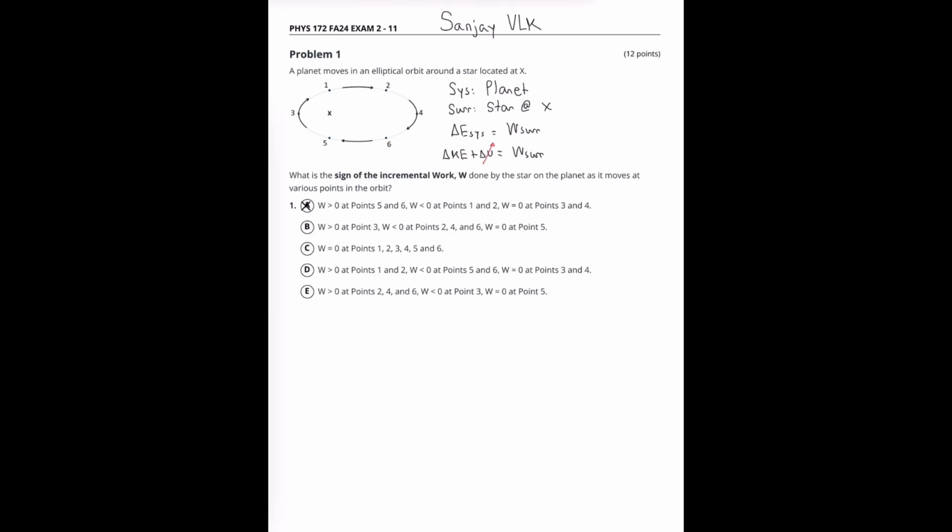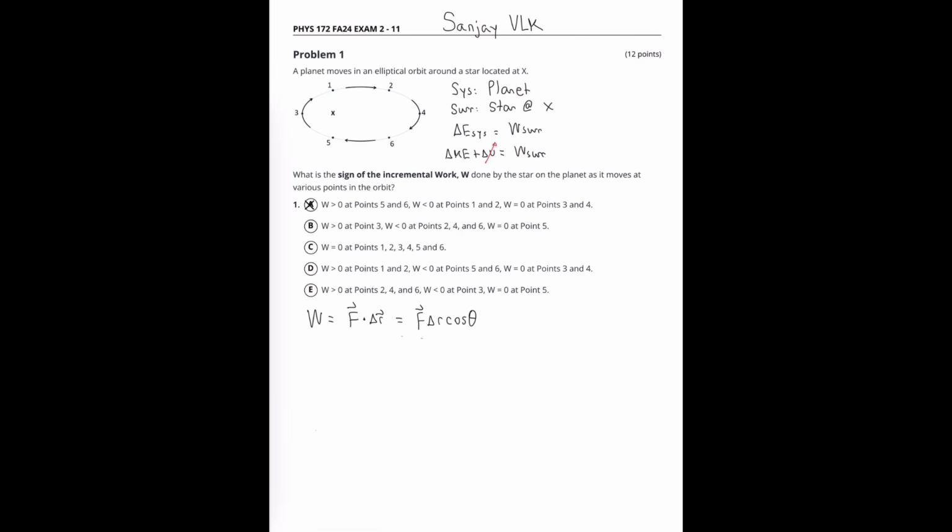So now we need to recall our definition of work. Work is equal to the dot product of the force times the change in position, or it can also be written as F times the change in position times cosine theta. So we have three general cases.